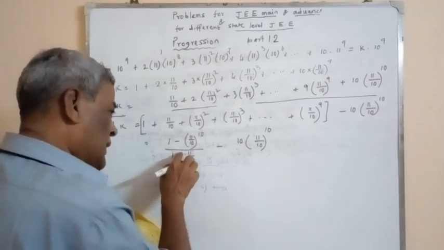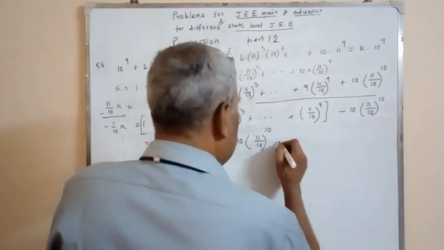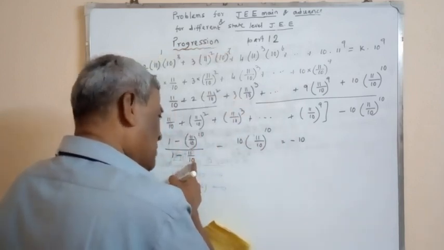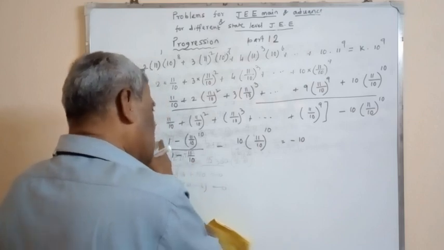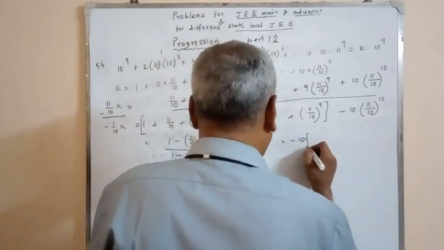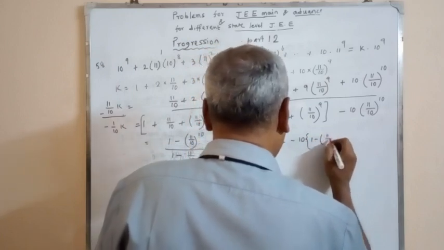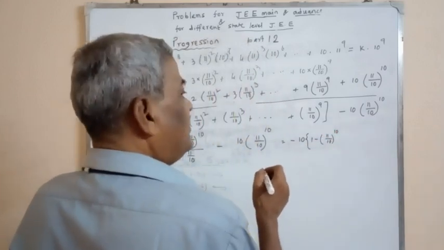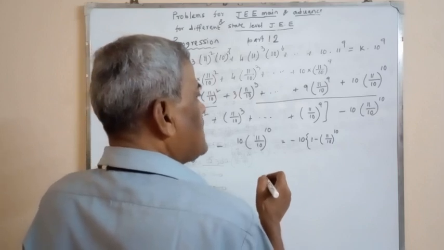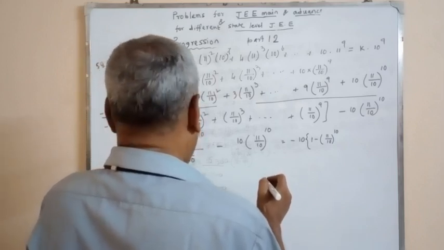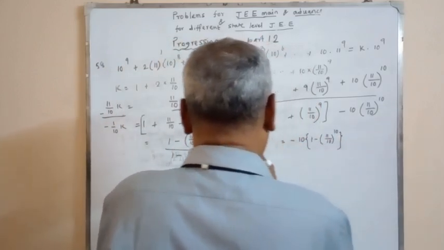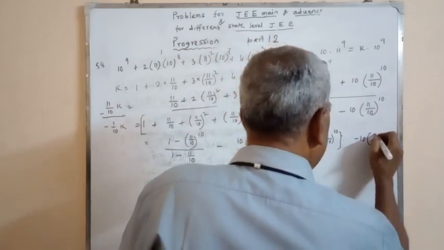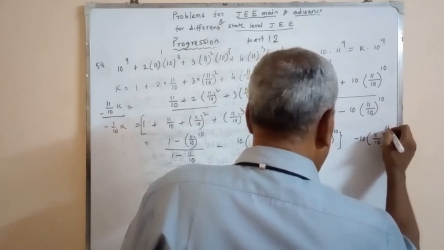So 1 minus 11 by 10 means minus 1 upon 10, so that 10 is there with a negative sign, into 1 minus 11 by 10 to the power 10, minus 10 into 11 by 10 to the power 10.